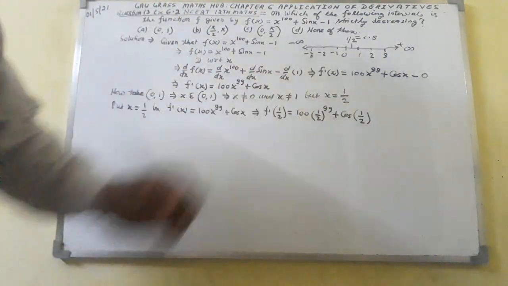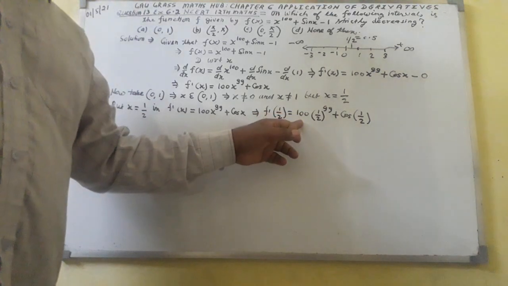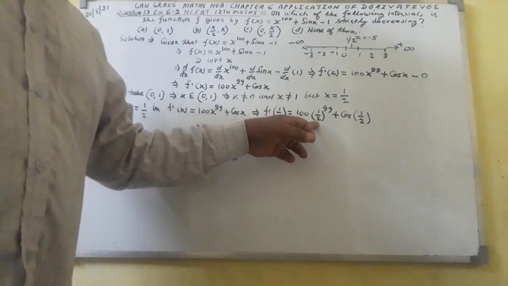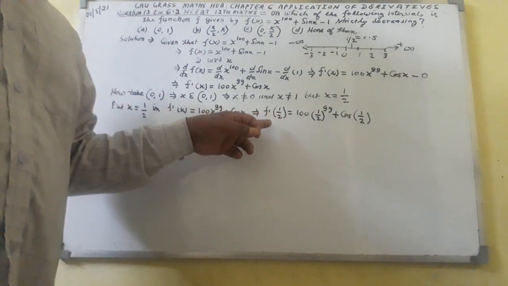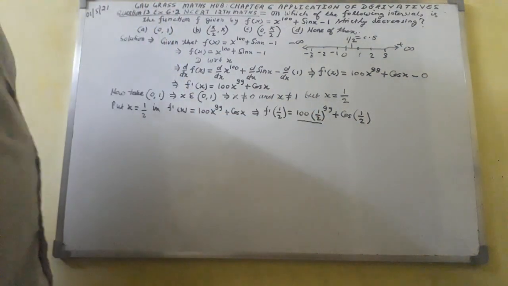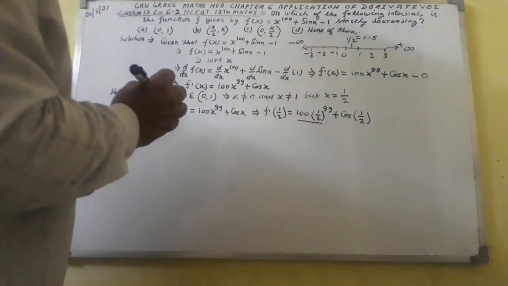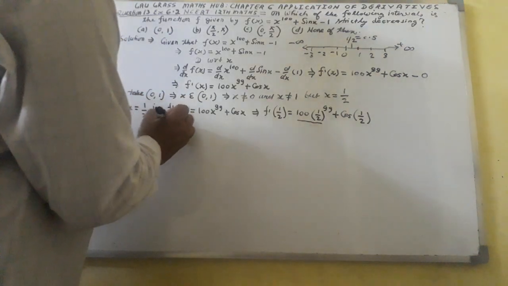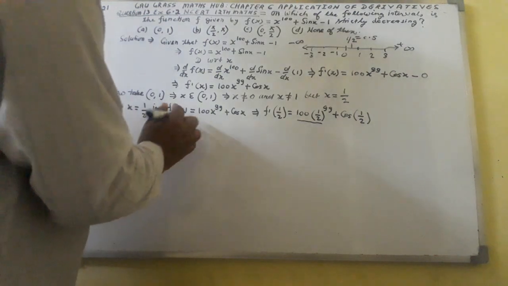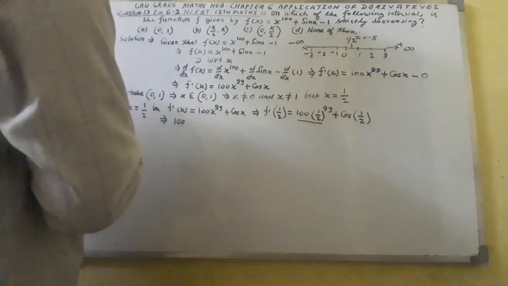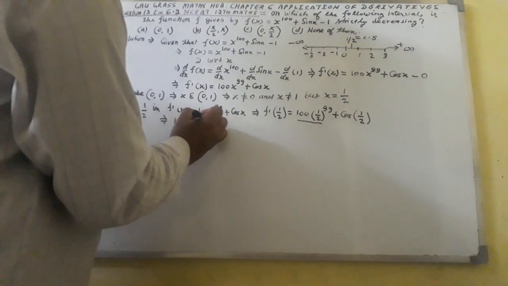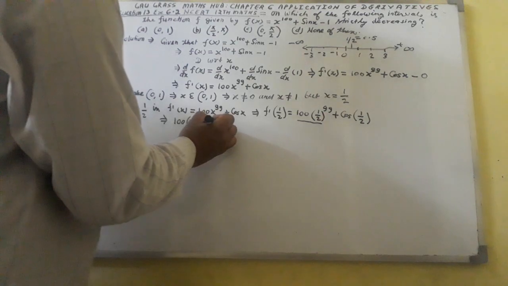So this term, 100 multiplied by (1/2)^99, can be written as 100x^99 is greater than 0.